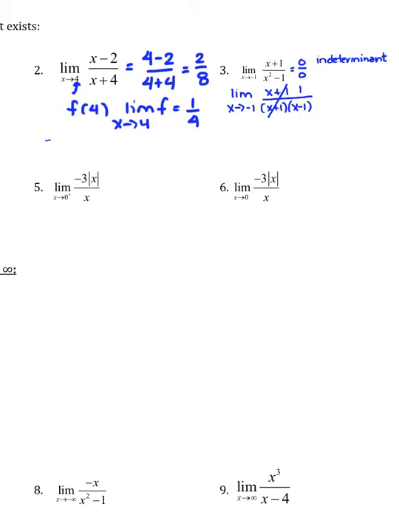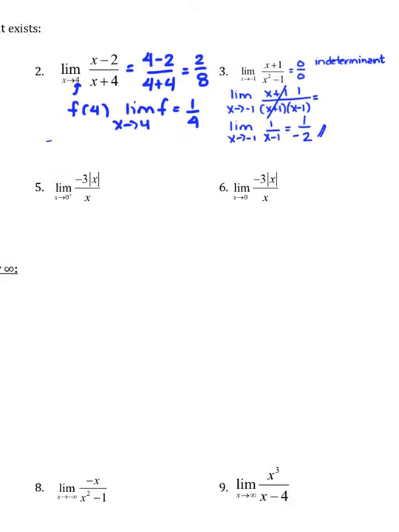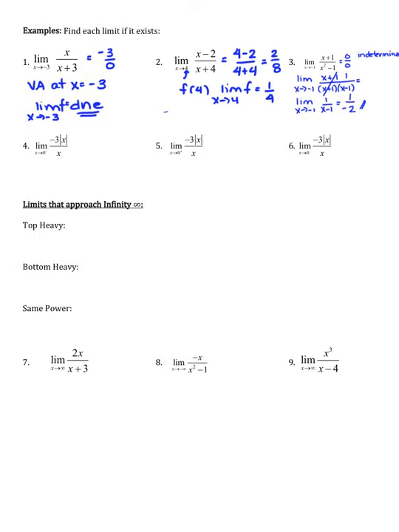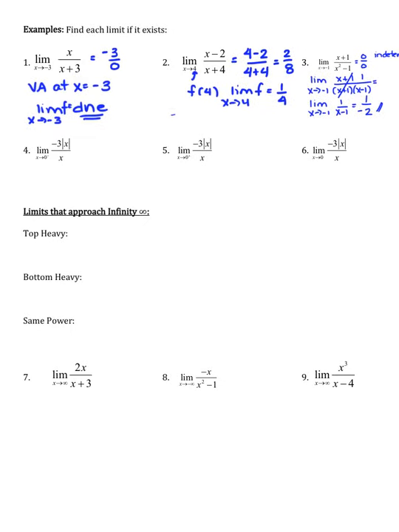You're still approaching the same point from both sides. So now that I've simplified it, I'm allowed to just plug in -1, so that's going to give me 1 over -2, and that will be my limit. So asymptotes are going to give you a limit that does not exist. A hole, if you're approaching that same hole from both sides, is okay.